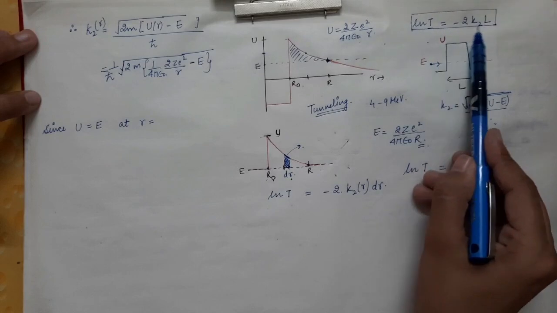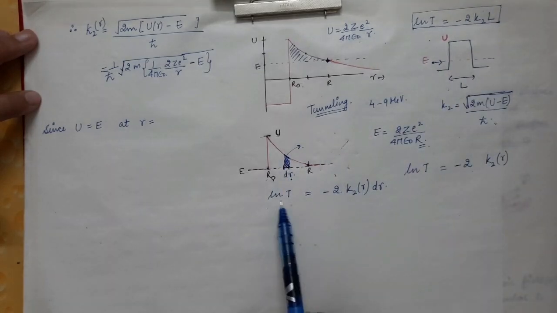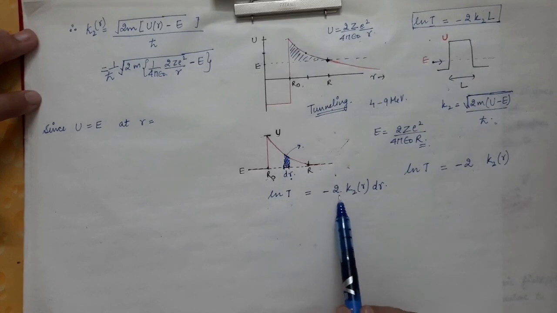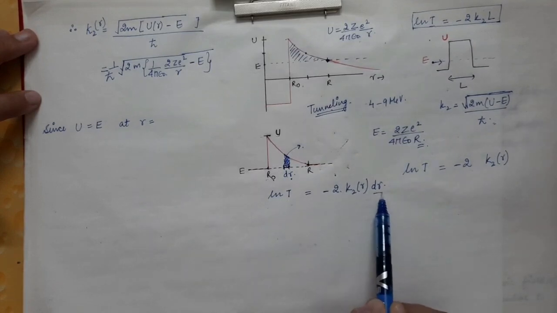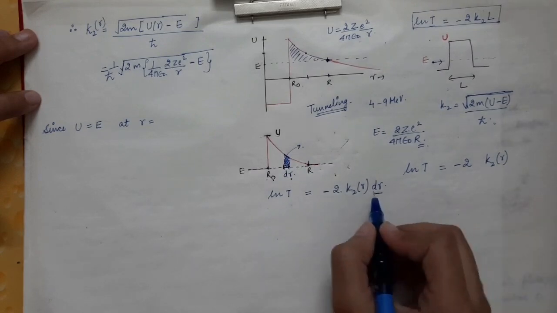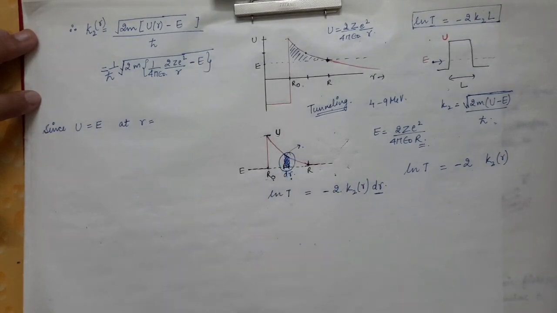So we are using this formula for this patch only. The natural log of t will be given by -2 K2 of R into dr. So this is only for the case of this small patch.